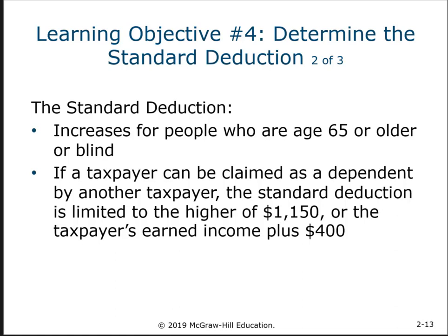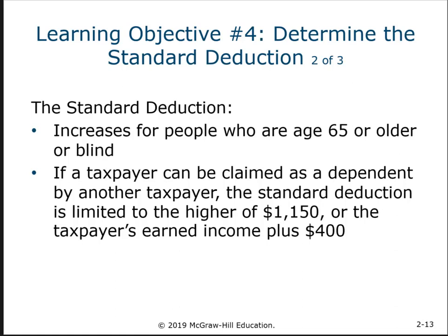If you're a child or a dependent, you file your own tax return. It's not as if you file with your parents or grandparents or anybody who is raising you. You file a separate tax return.